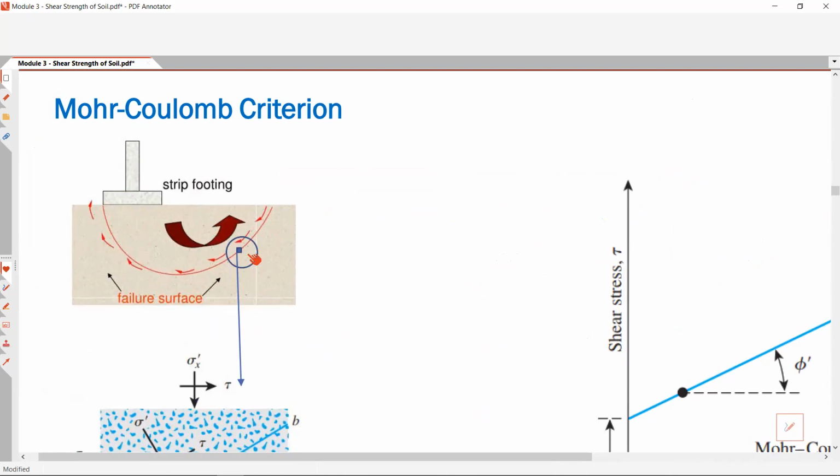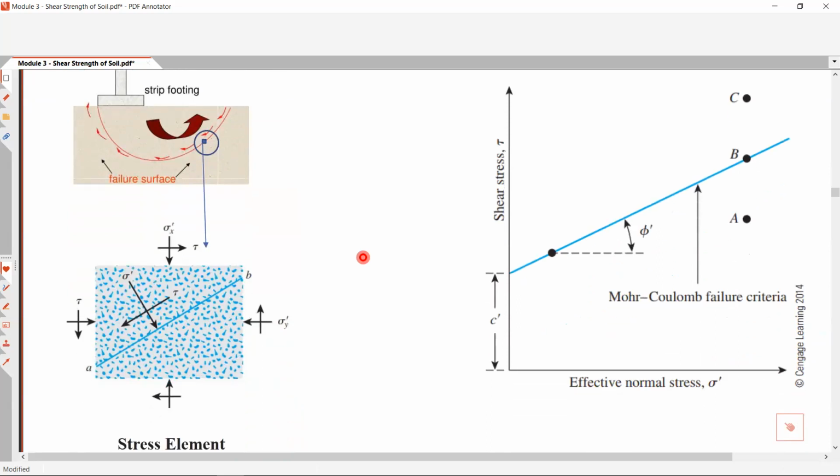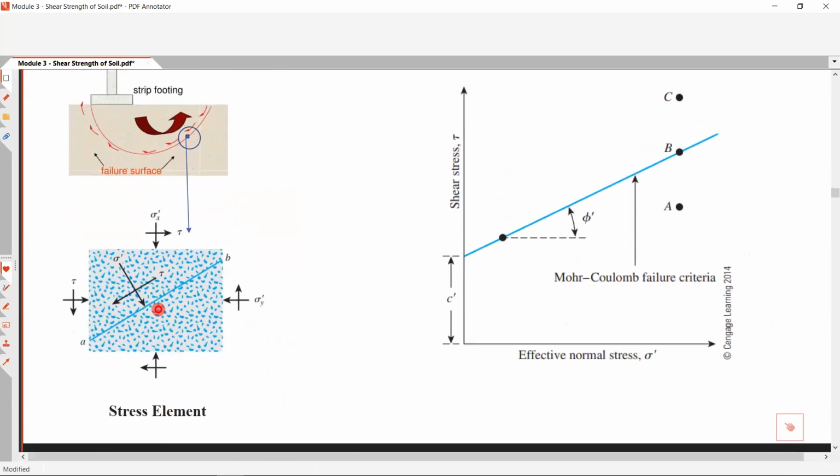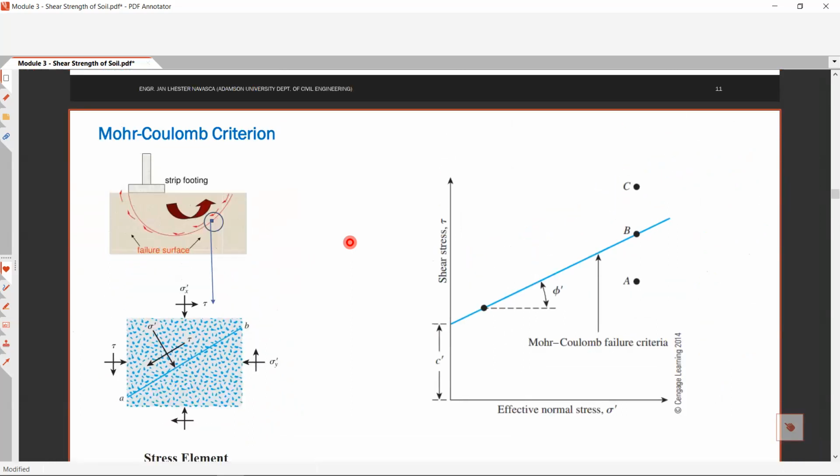So if we get a soil particle on the failure surface, this one, you can see the failure surface. This one becomes the failure surface. So it becomes a straight line, or linear, if we incorporate the new formula, the Mohr-Coulomb criterion.